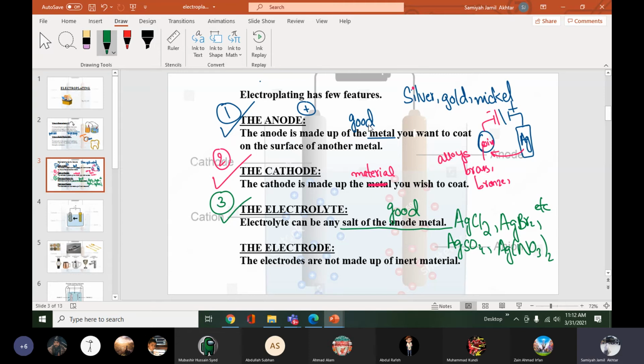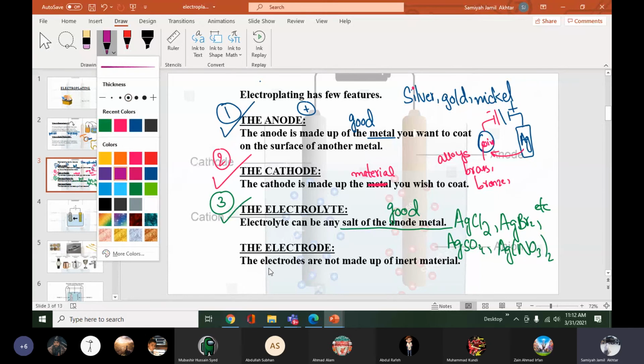For example, if we want to coat some jewelry with gold, we will take an electrolyte of gold, like gold chloride or gold bromide. If we want to cover the coin with chromium, we will take a chromium salt: chromium sulfate, chromium nitrate, chromium chloride. Did you get it? Yes, ma'am.